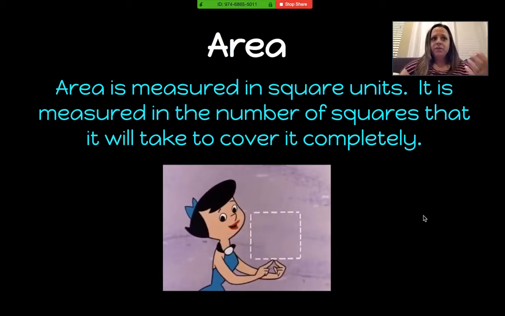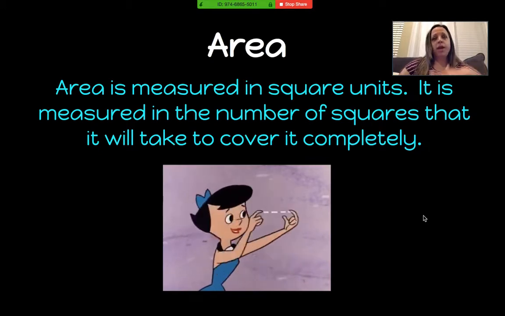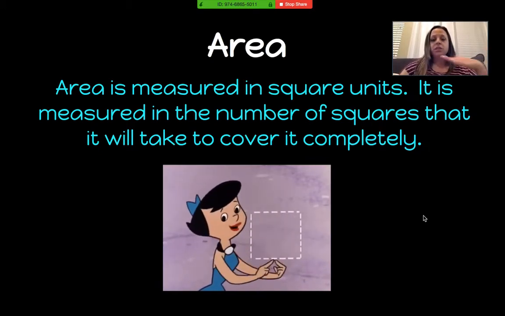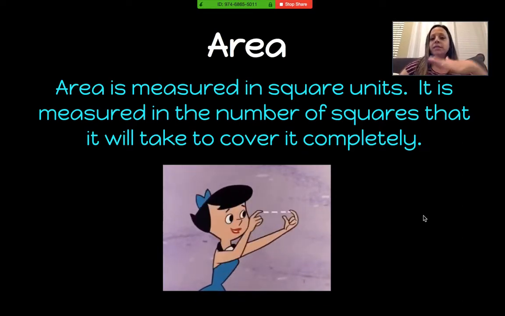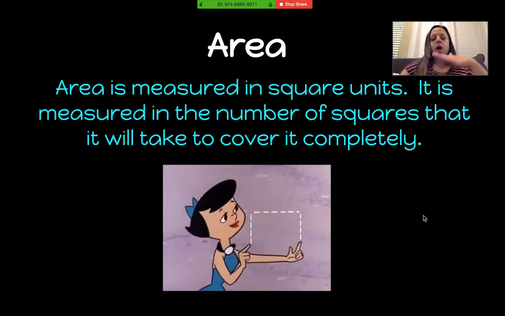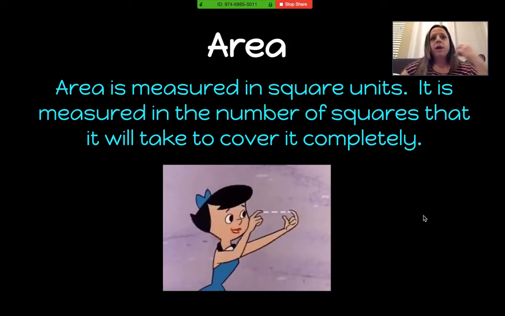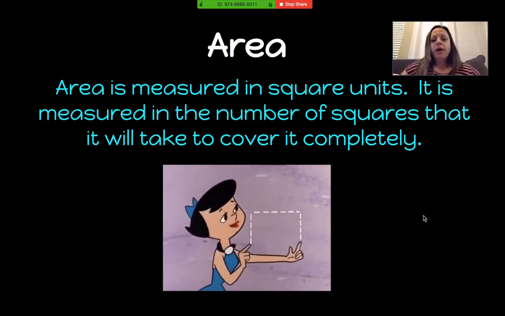So, think of it as like square tiles. Except when we're talking about grass, it would be square tiles of grass. Or whatever it is that you're calculating, it's always going to be in squares. It could be square inches, square feet, square miles, any of those things.